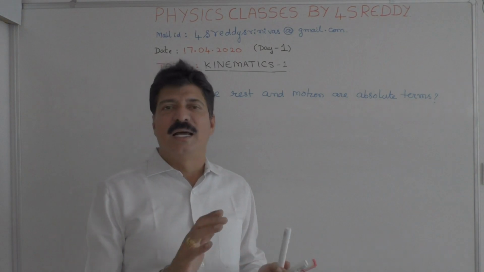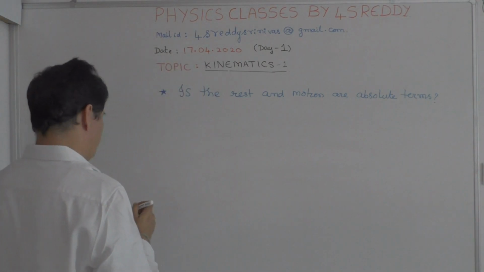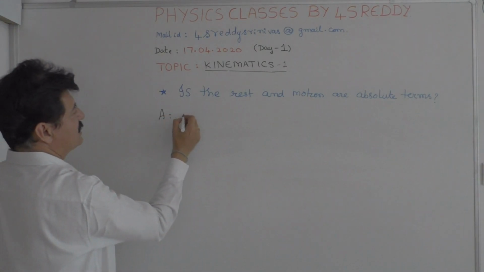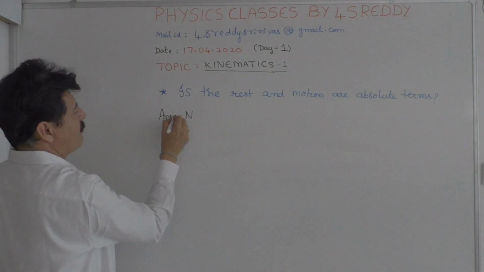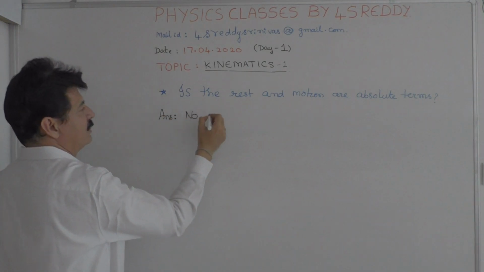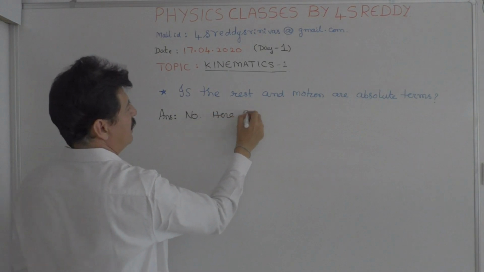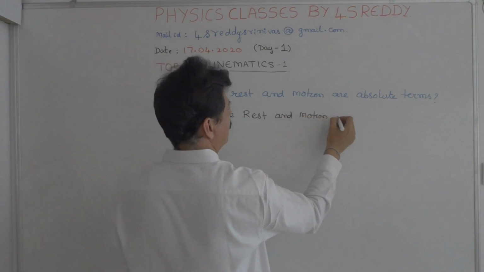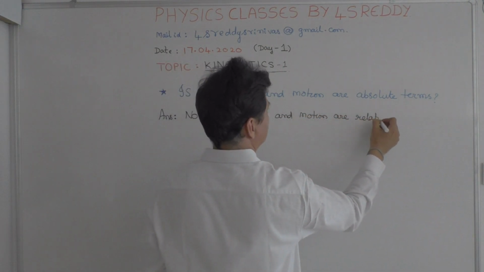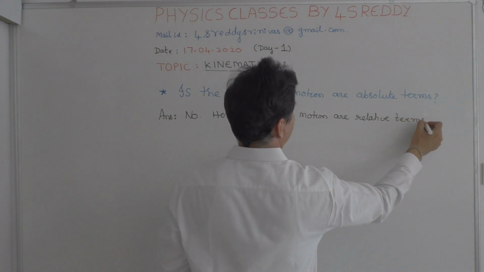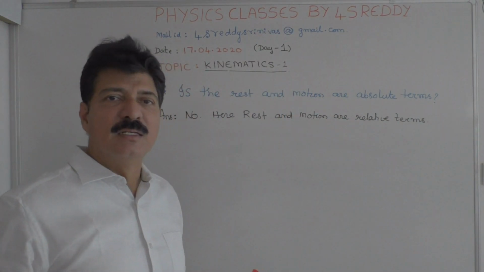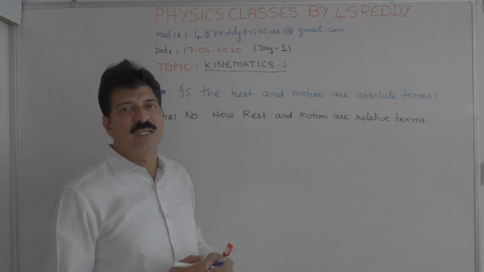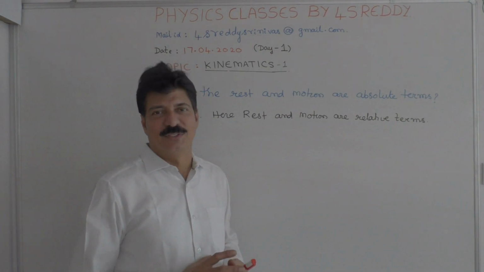That is, they are interdependent. So the answer is no, rest and motion are not absolute terms. Rest and motion are relative terms. With respect to one physical quantity, we can explain the state of another physical quantity. Thereby, you can say that rest and motion are relative terms.